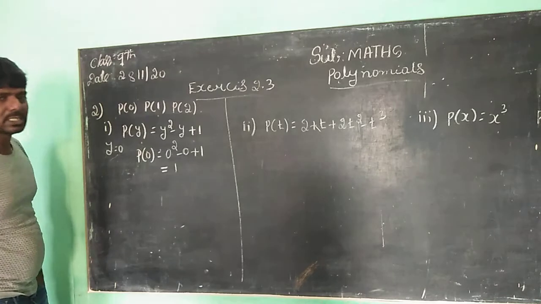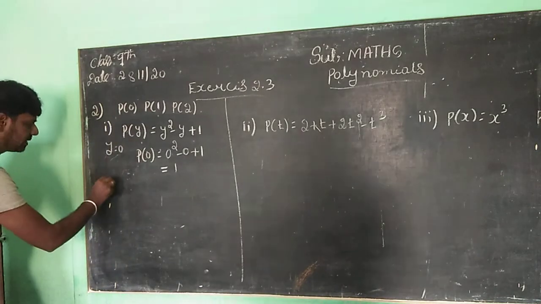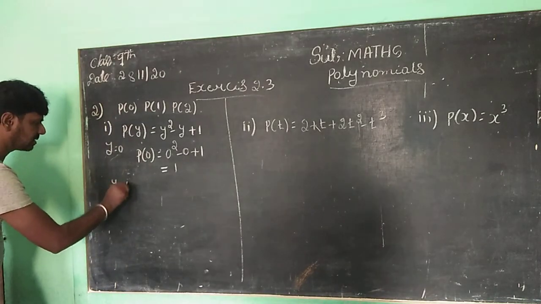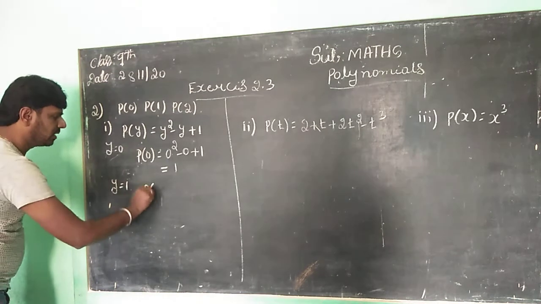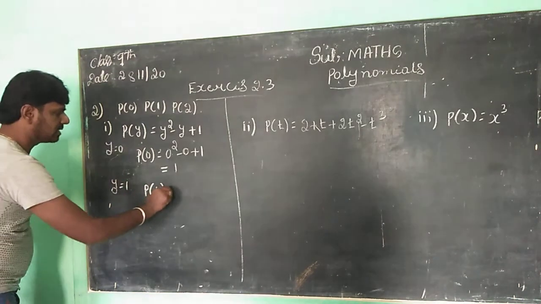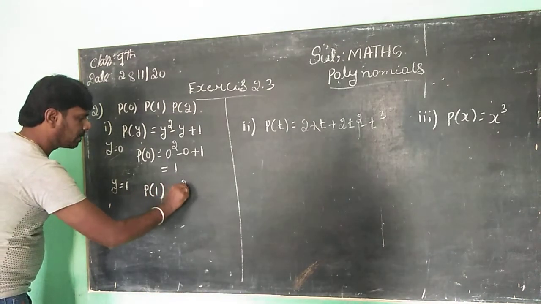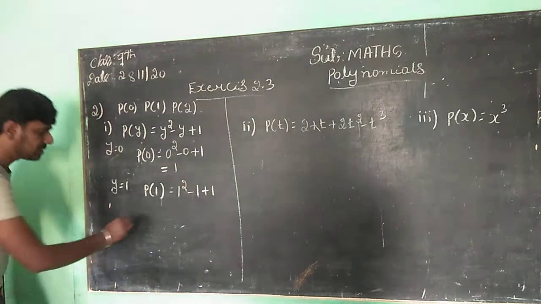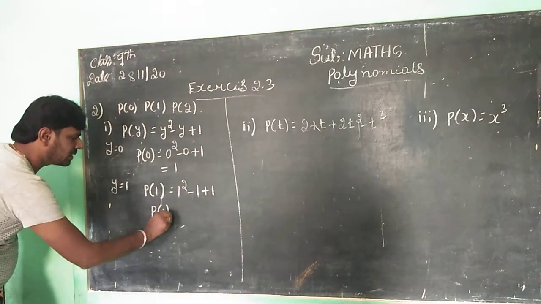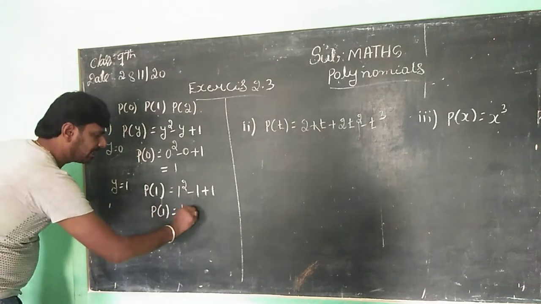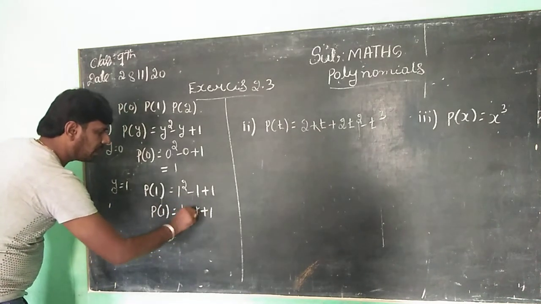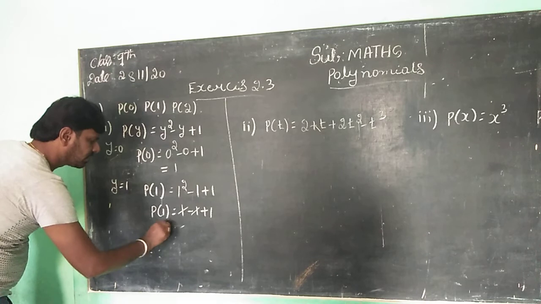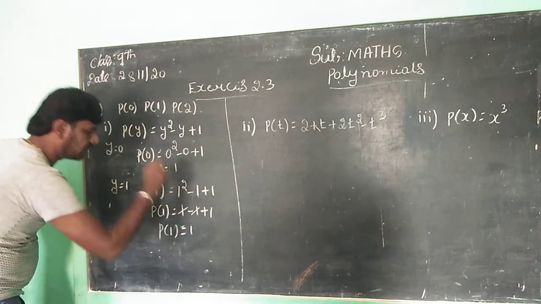Next, y is equal to 1: 1 square minus 1 plus 1. 1 square means 1, and minus 1 plus 1 cancel. P of 1 is equal to 1.